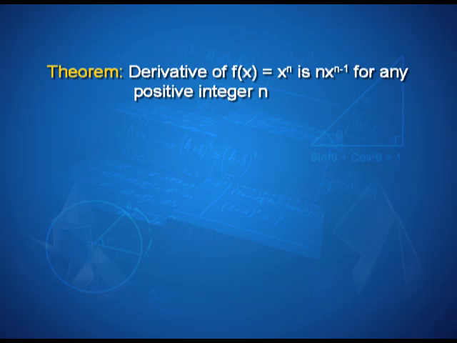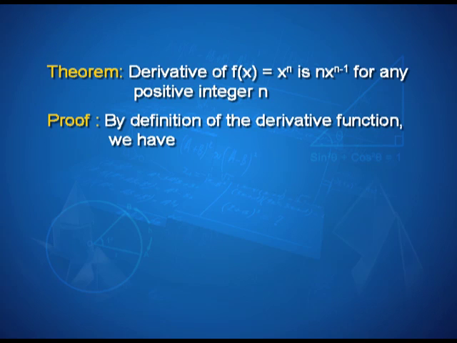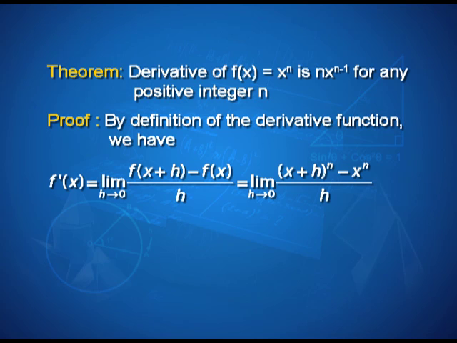Look at the proof. By the definition of the derivative function, we have f'(x) is equal to limit of f of x plus h minus f of x upon h as h tends to 0, which is equal to limit of (x plus h) whole raised to n minus x raised to n upon h as h tends to 0.